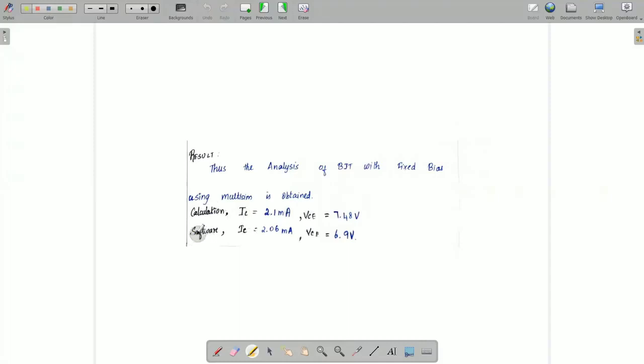In Multisim simulation we get IC equal to 2.06, and in calculation we get 2.1 milliampere. As well, VCE is 6.9 in simulation and in calculation we get 7.48 V.